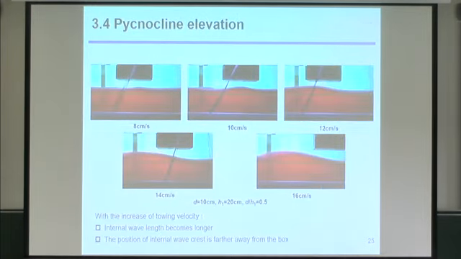Now, because we recorded the interface elevation, we should show some pictures. This one has a non-dimensional draft of only 0.5, so it's a shallow draft. From this, we can see clearly that with the increasing towing speed, the wave elevation is larger and larger, and the wavelength is also longer.